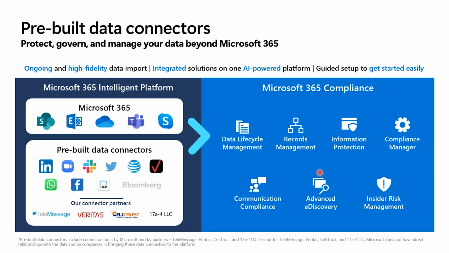We talked about e-discovery, where we're able to search for specific pieces of information and hold those for different reasons. We looked at communication compliance, which is where we're trying to limit offensive or threatening communication between individuals.